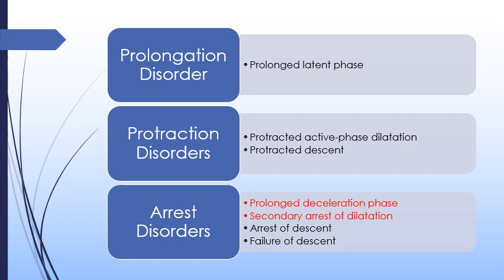Secondary arrest of cervical dilatation, defined as no dilatation for 2 hours or more in both nullipara and multipara. Arrest of descent is defined as more than 1 hour for both nullipara and multipara. Failure of descent is when there is no descent in deceleration phase or second stage of labor.